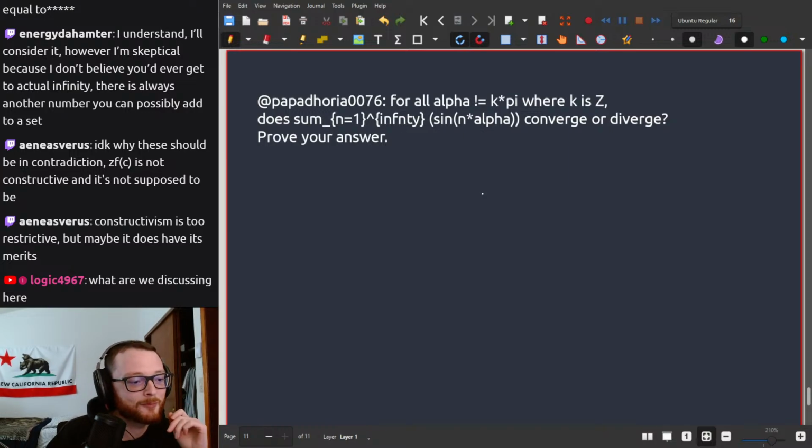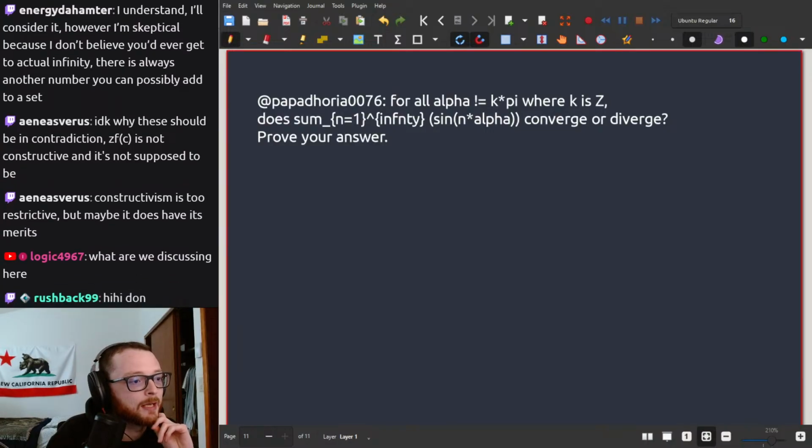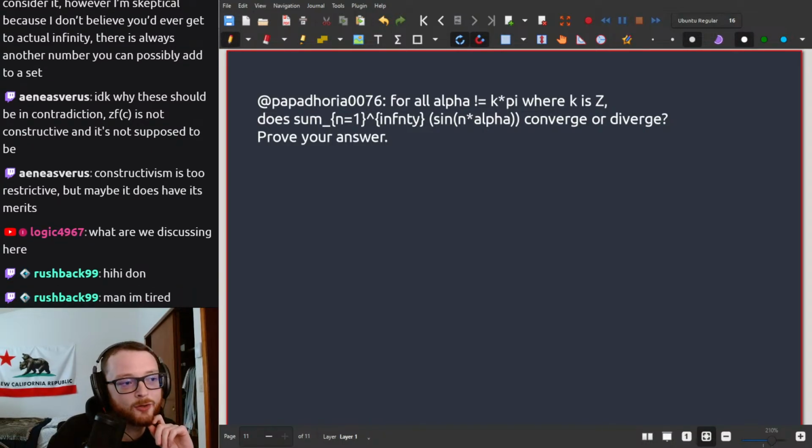I guess there's a few things that are happening here. What I was just talking about is energy de Hampter is making an argument about Cantor's diagonalization proof not being valid, and that there can't be multiple sizes of infinity because infinity itself can't be constructed. Humans can only construct finite things. I was saying that I don't think I agree with that argument, but I haven't really thought about it that much.